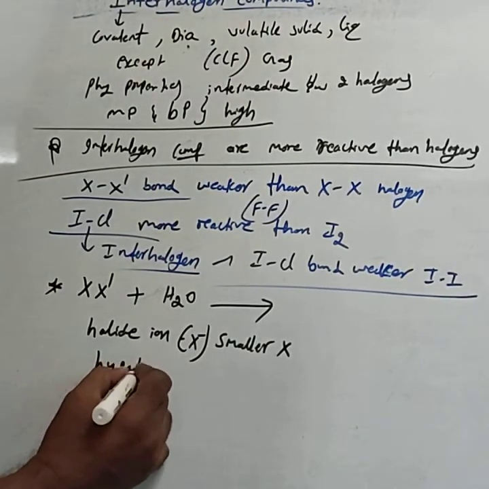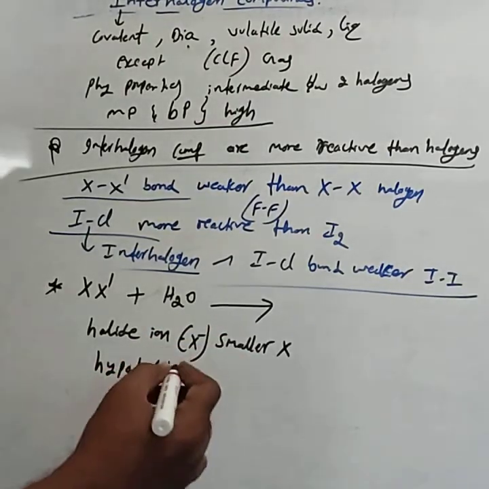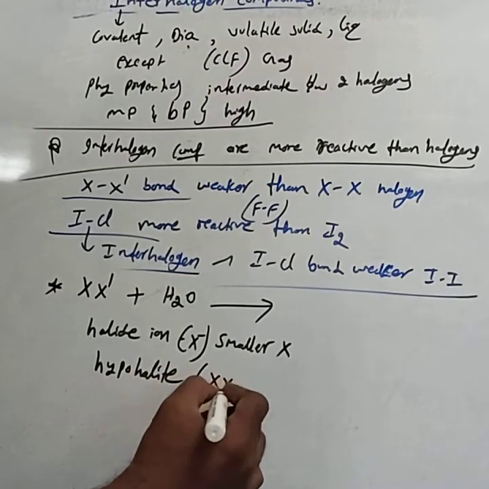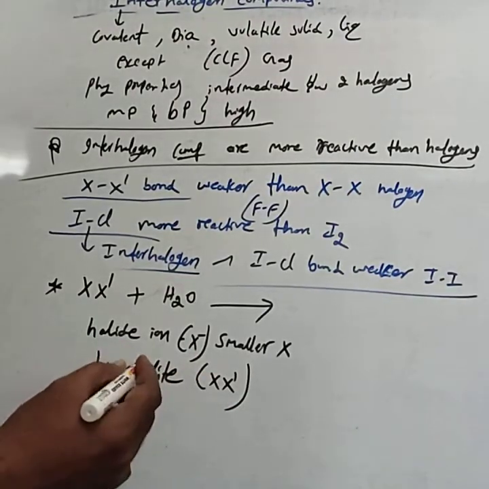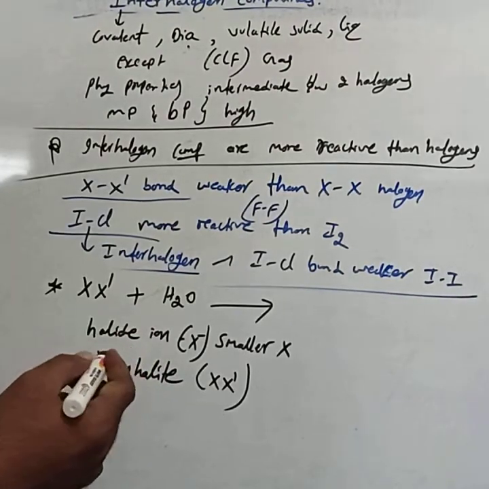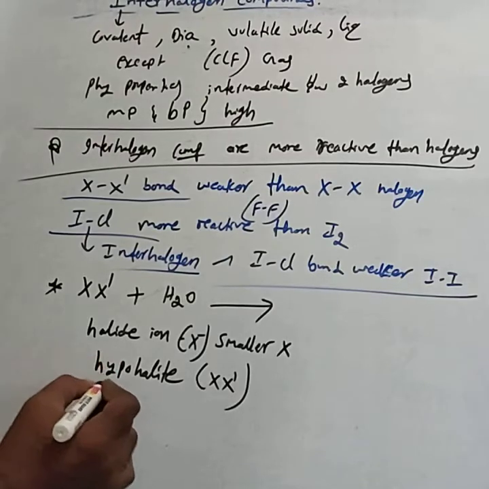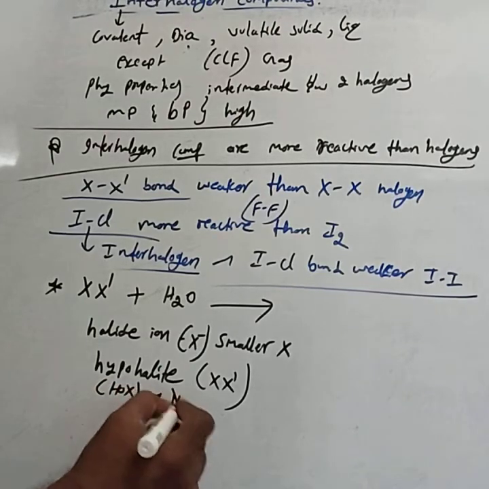hypohalite. If you use XX', then you get a hypohalite. Already we have studied hypohalous acid, that is HOX. Hypohalite ion means XO minus.